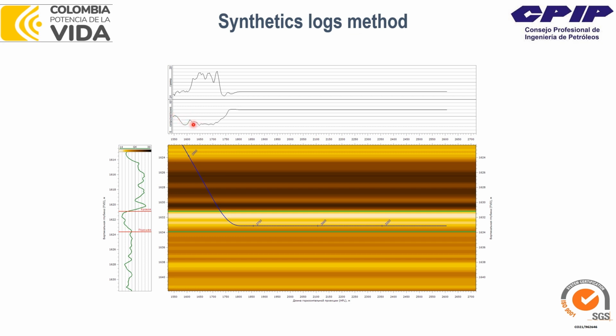Please pay attention that the color code is still gamma ray, so we can see just one color code at the moment. But on the resistivity curve, if you follow the values, you will see that during the landing we have low resistivity in the shale, and once we have landed, we see high resistivity in the sand.